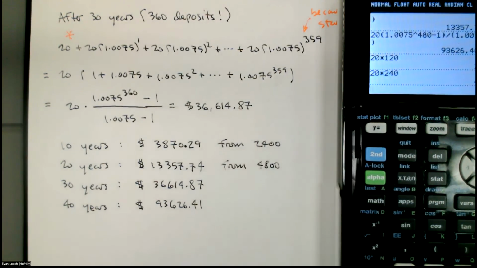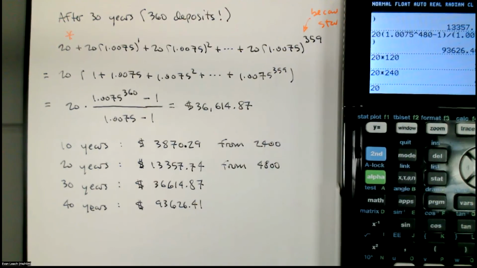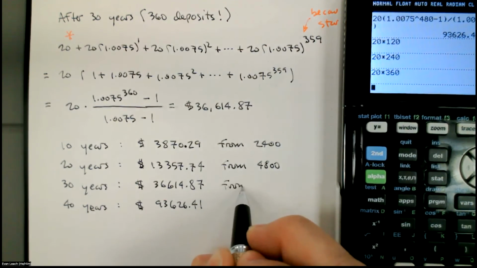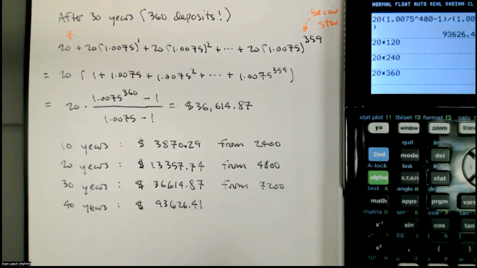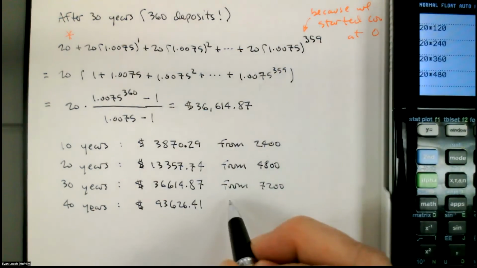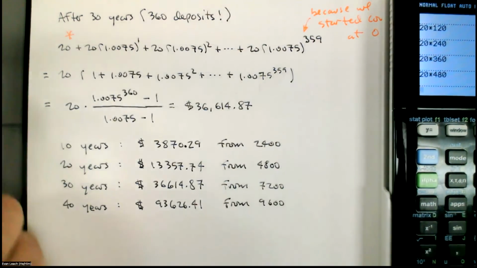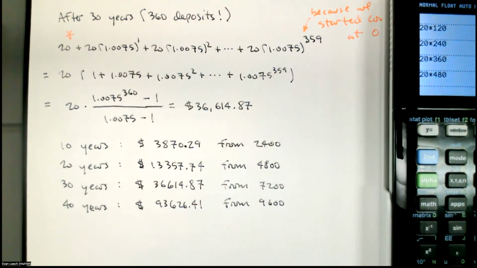This 36614 is from 7200. And the 93626 is from 9600. Any questions?